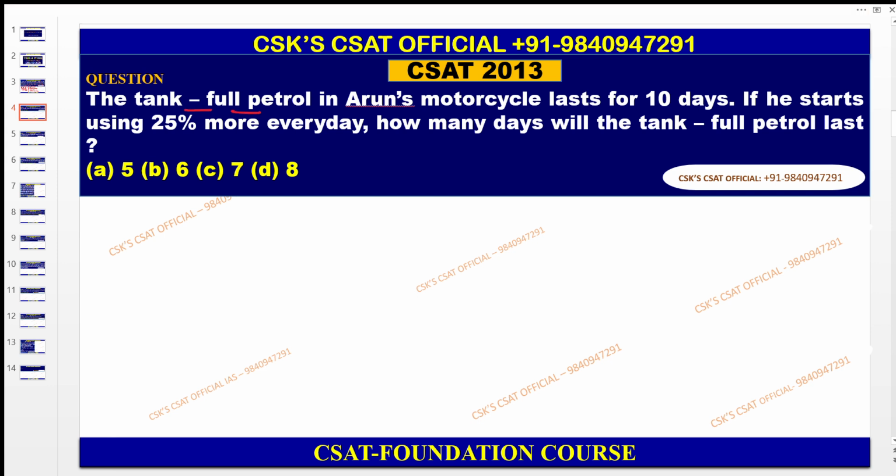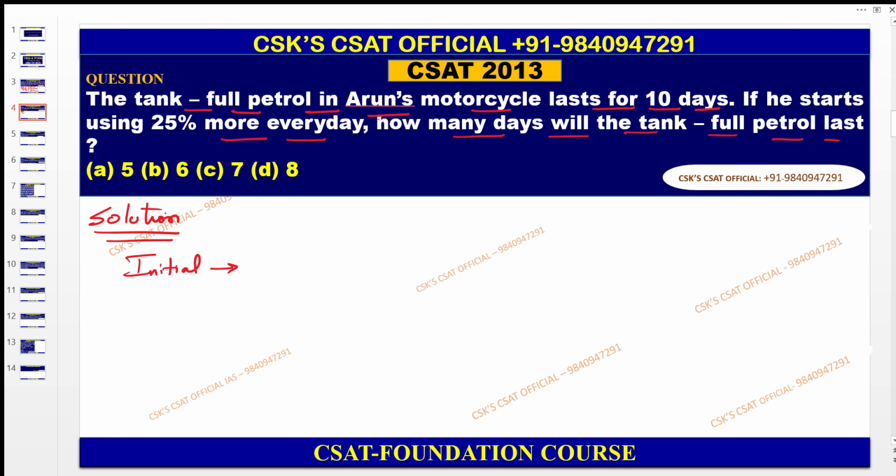The tank full of petrol in Arun's motorcycle lasts for 10 days. If we start using 25% more every day, how many days will the tank of petrol last? So the initial petrol, you don't know how much quantity is there. You can take an initial value, for example 100 liters or 10 liters, whatever.